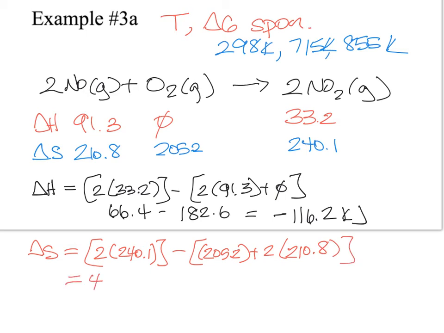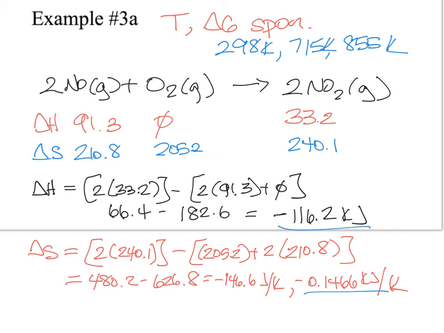That's 480.2 minus 626.8 equals negative 146.6 joules per Kelvin, or negative 0.1466 kilojoules per Kelvin. Both of these values, enthalpy and entropy, are negative.